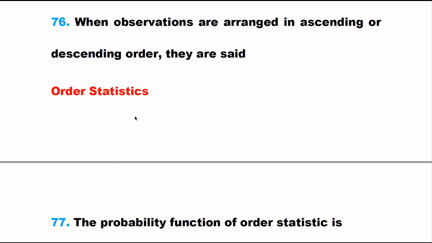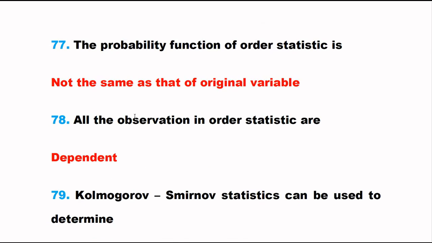When observations are arranged in ascending or descending order, they are said to be order statistics. The probability function of order statistics is not the same as that of the original variable.